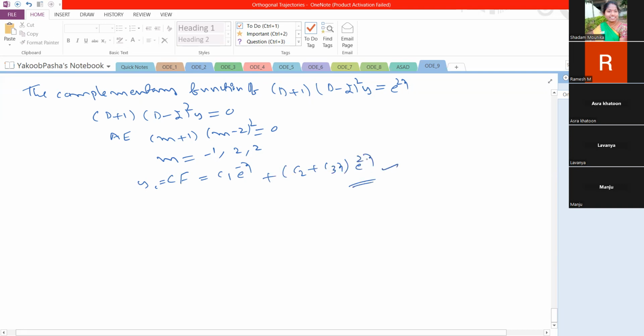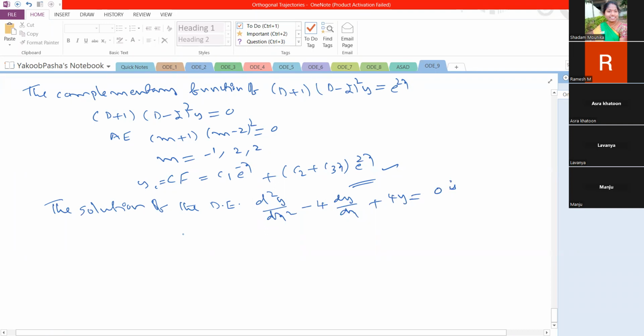Okay. Now one more problem, that is the solution of the differential equation d square y by dx square minus 4 into dy by dx plus 4 into y is equal to 0.